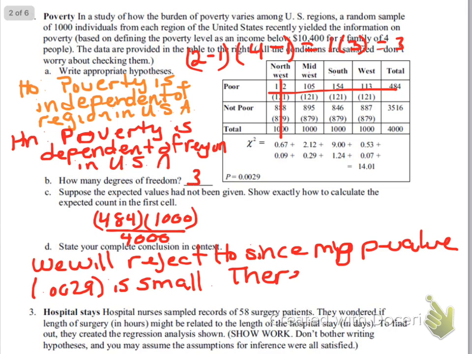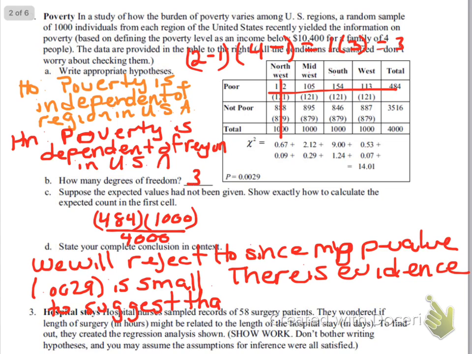There is evidence to suggest that poverty, why can't I pronounce that, in the United States is dependent of the region in the United States, right?